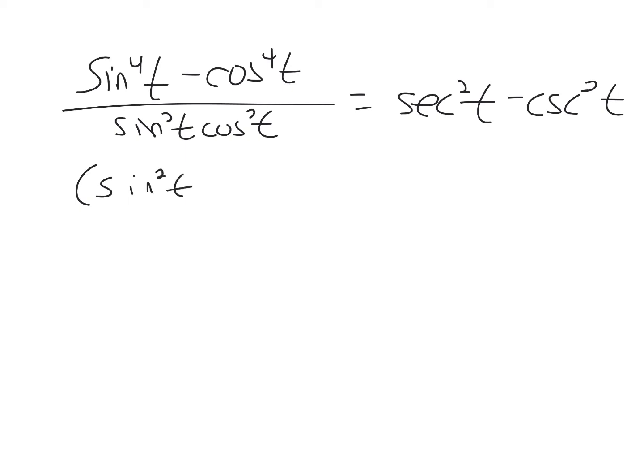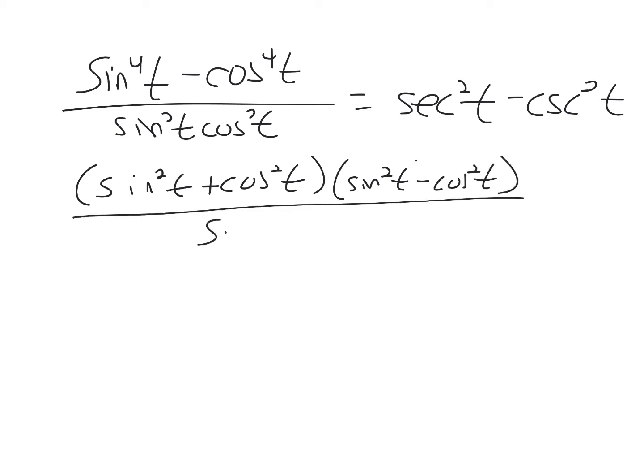So we get sine squared t plus cosine squared t times sine squared t minus cosine squared t. I might run out of space here. I know because of my Pythagorean identities this is 1. So I'm just left, 1 times anything is itself, so I'm just going to be left with this right here.